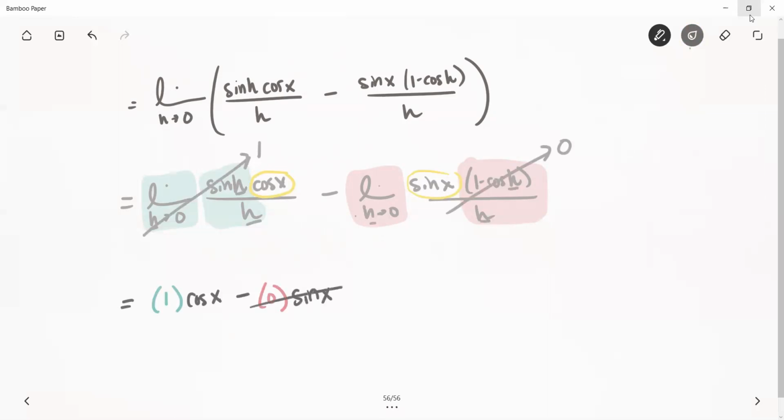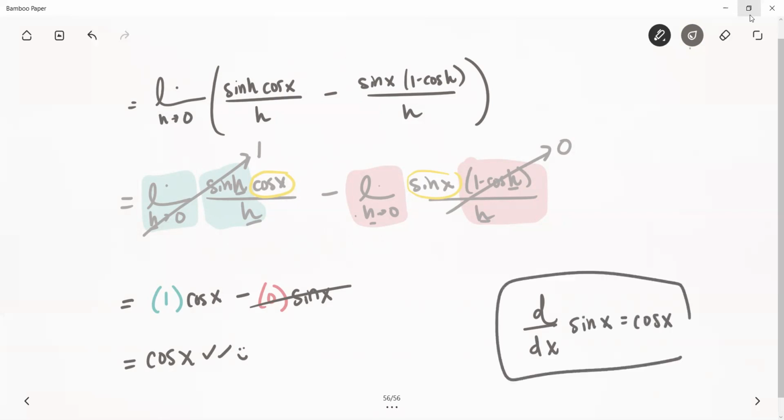Well, 0 times anything is 0. So this is just 1 times cosine, which is cosine of x. So that means the derivative of sine is cosine. Cool.